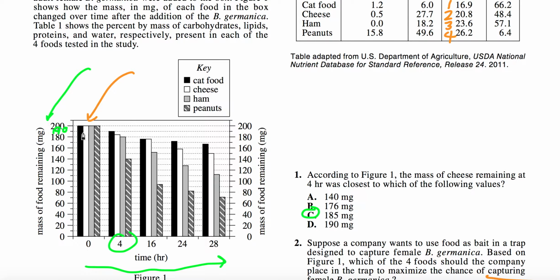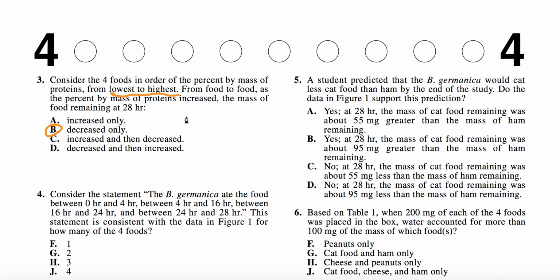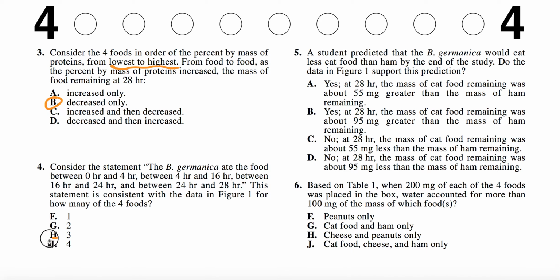At the start, nothing has been eaten, and as we go across time, each one has decreased: black decreases, white decreases, gray decreases, stripes decreases as well for each of these time slots. So the answer should be J, because in each of these time slots, the mass of food remaining always decreases. So we go J.